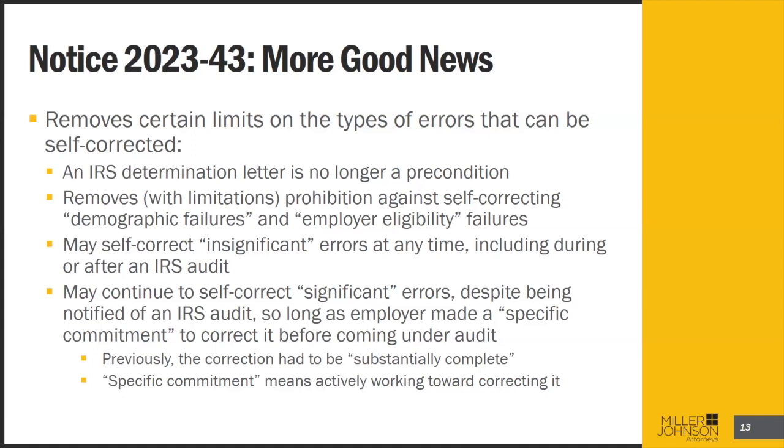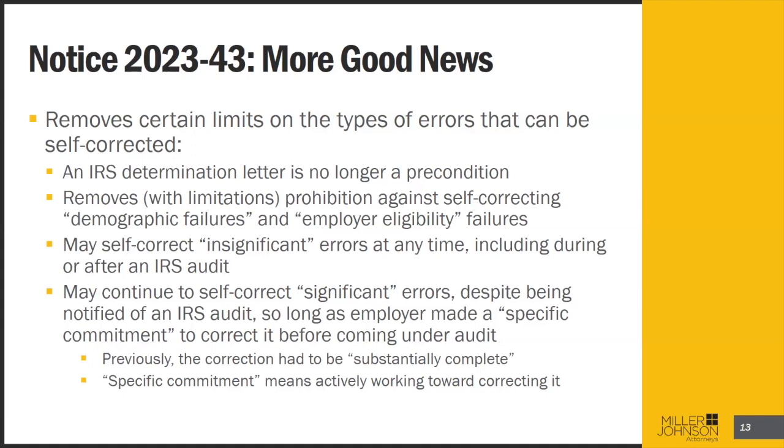It confirms that you can self-correct insignificant errors at any time, including during or after an IRS audit. That's not a new thing. That's just carrying over from the past, but I think confirming it is good. And you can correct significant errors, even if you've got an IRS audit, as long as you've made a specific commitment to correct it before you get that notice. Specific commitment really means that you're actively working towards correcting it.